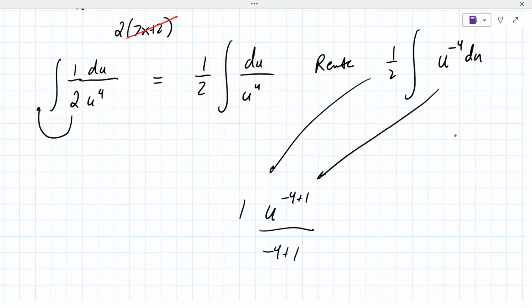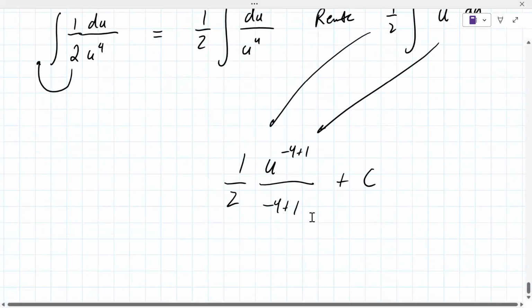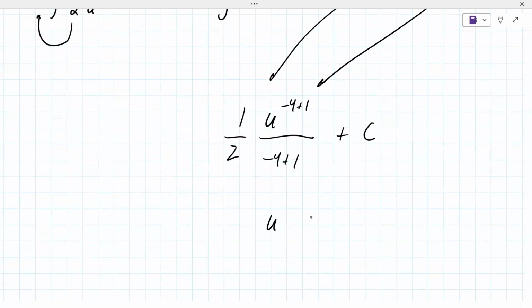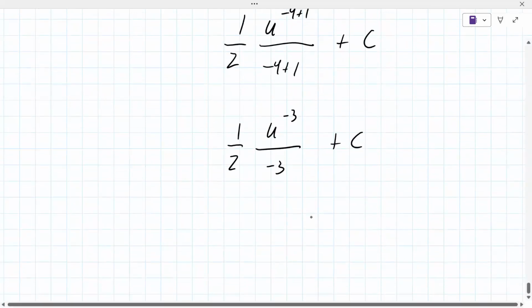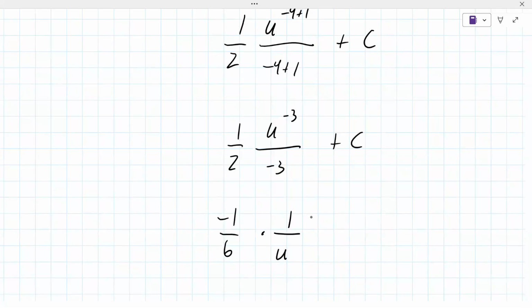Bring down the 1/2 plus c. So this is u to the minus 3 over minus 3, times 1/2, plus c. So it becomes minus 1 over 6 times 1 over u cubed plus c.